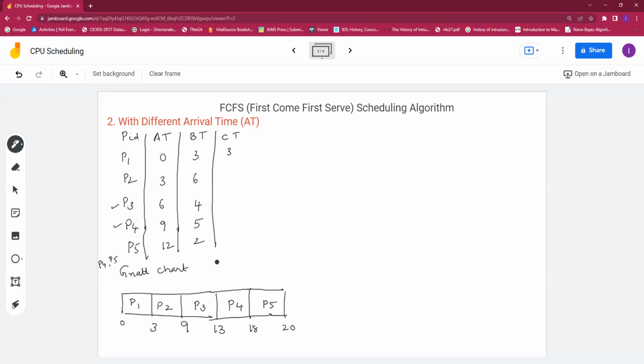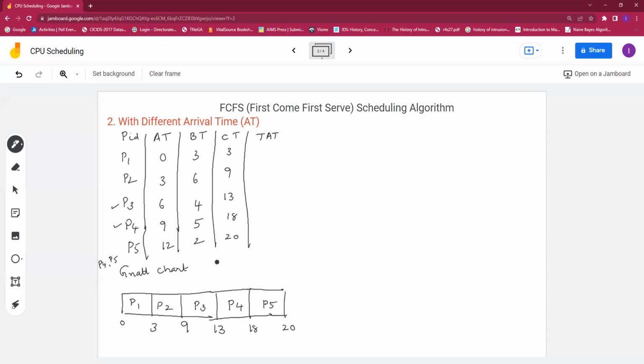P2 gets completed at the 9th millisecond, P3 at the 13th millisecond, P4 at the 18th millisecond, and P5 at the 20th millisecond. So I got the completion time of each and every process. Once this is over, you need to find the turnaround time.